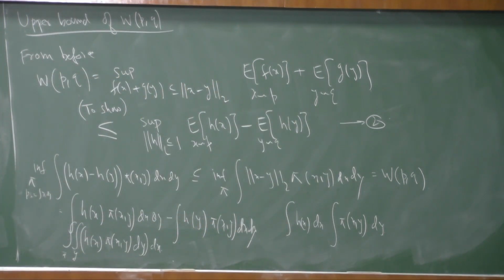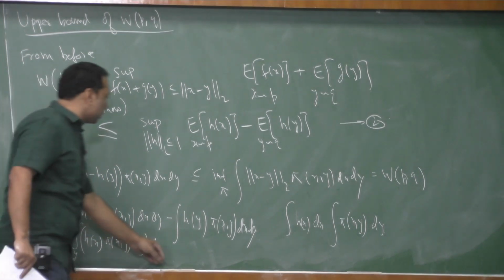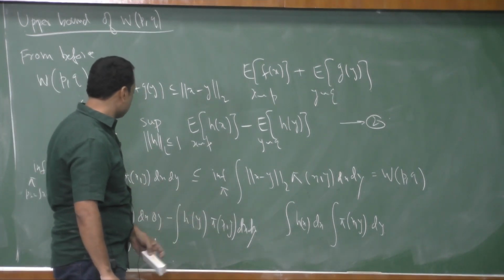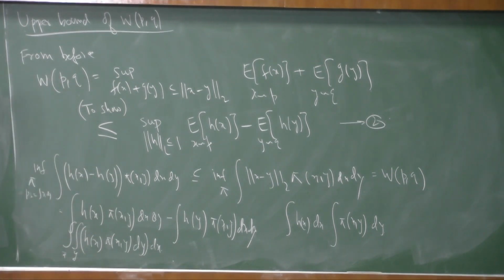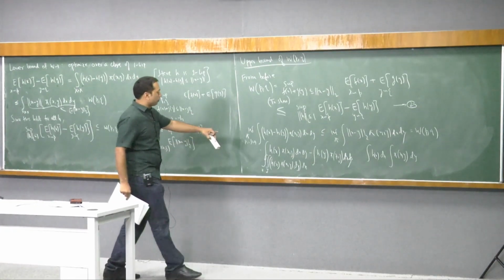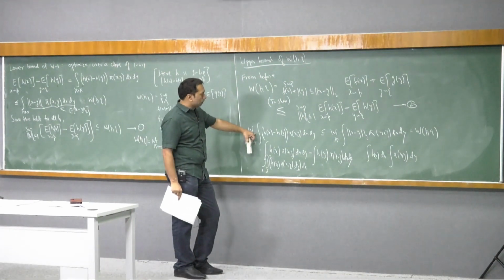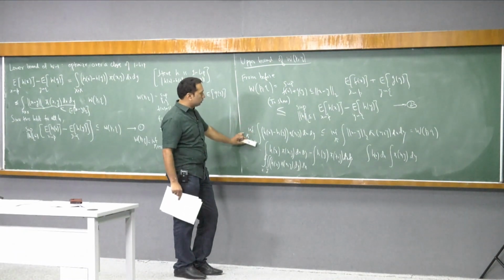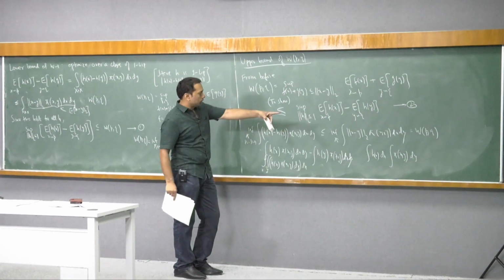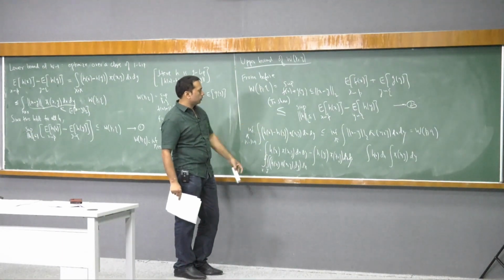So pi(x,y) dy integrates out. Exactly. The same holds here, it also integrates out, and hence there is no role of pi on the left hand side. So hence I can still do this, and still get less than or equal to W(P,Q).